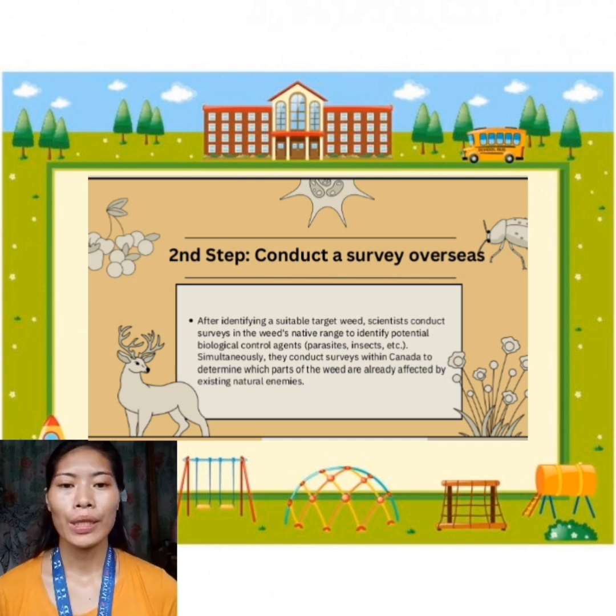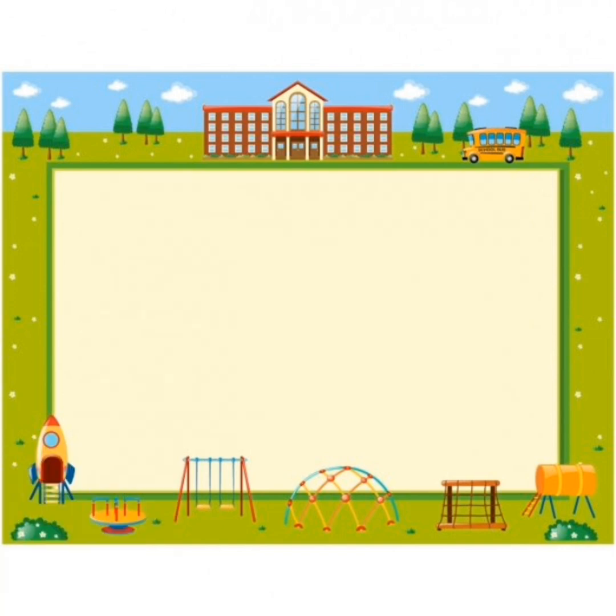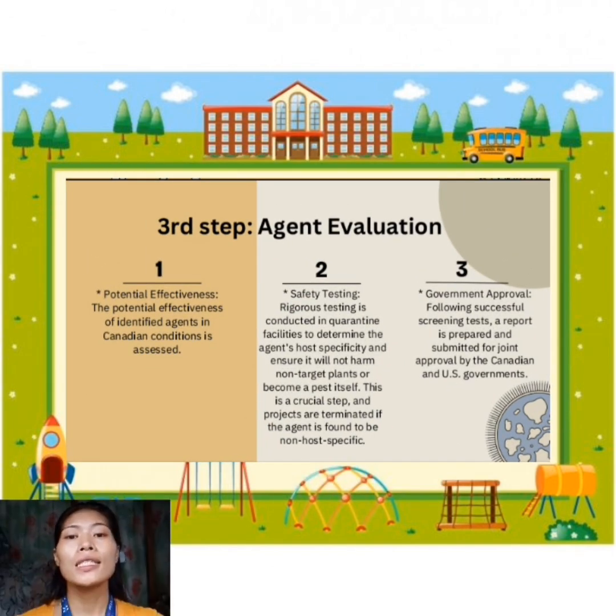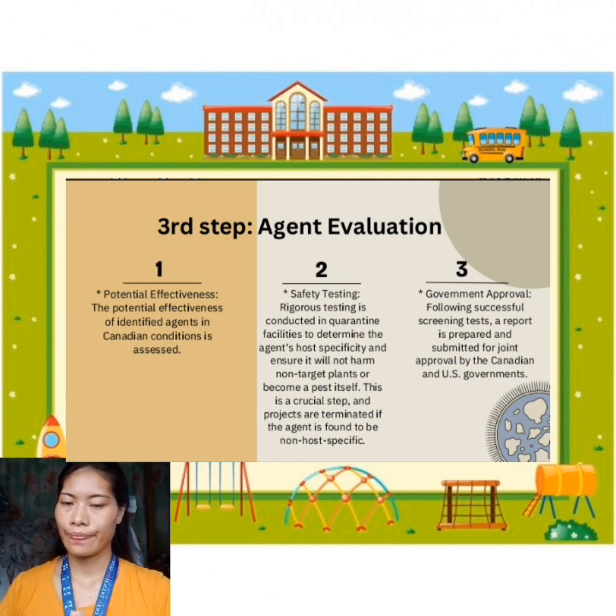For example, Canada thistle, Cirsium arvense, or chardon des champs, is attacked by a number of seed feeders in Canada, and therefore it would be of little value to introduce other organisms that attack the seed heads.